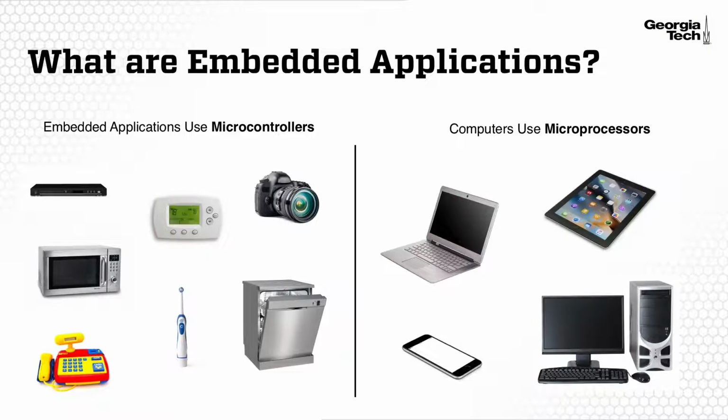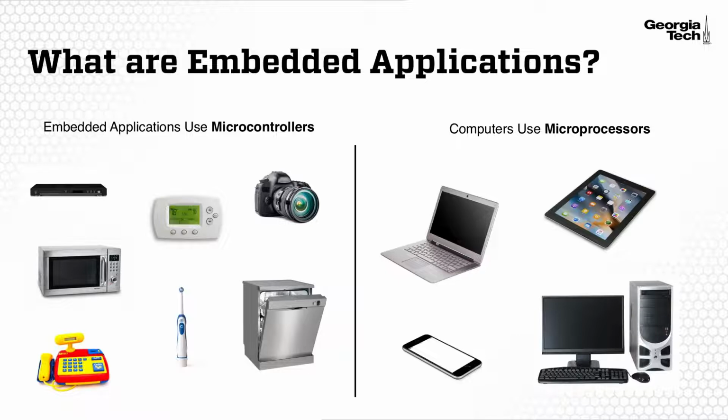When we talk about embedded applications, it's important to understand what we mean. Embedded applications are some type of device or machine that uses a computer in order to do some calculations and give some commands to things like actuators or sensors. Some examples of embedded applications include a dishwasher, a thermostat, a camera, a microwave.